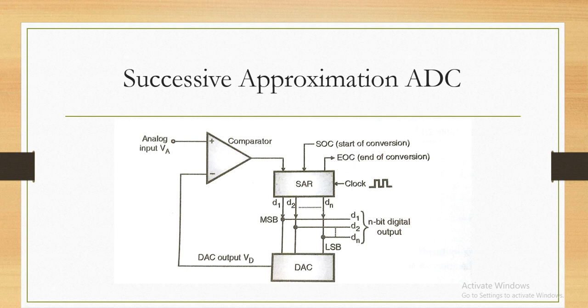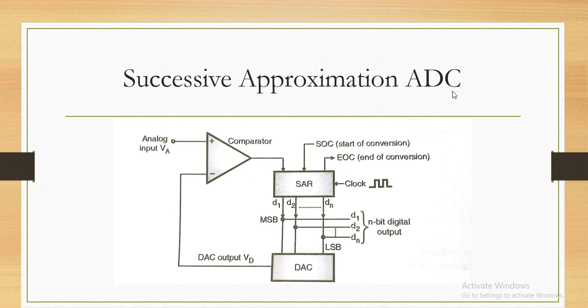For example, successive approximation type of ADCs are mostly used in microprocessor or microcontroller based systems. Basically these successive approximation types of ADCs come in the form of integrated circuits or ICs, and in microprocessor or microcontroller based circuits we connect these ADCs in that system.